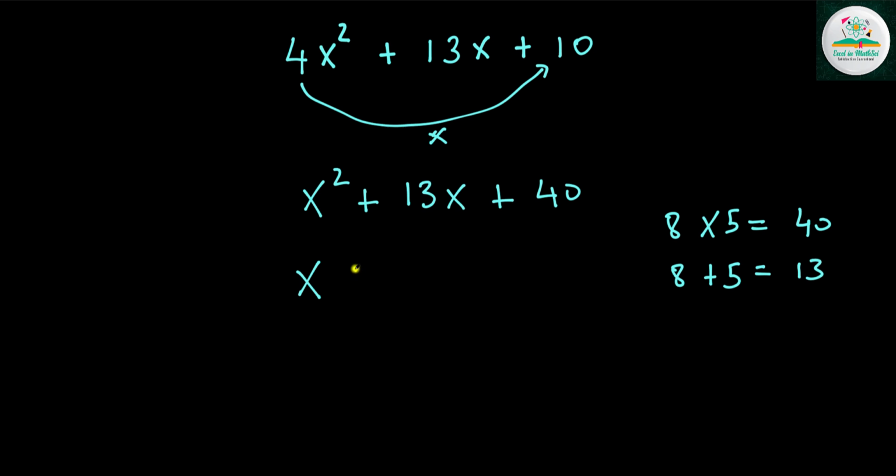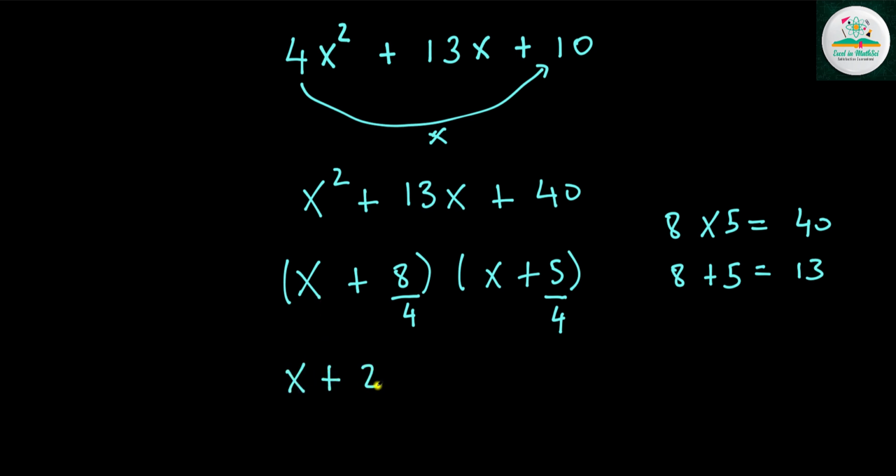So this would factorize as follows: x plus 8, x plus 5. And once again, we haven't finished yet, because remember we multiplied by 4, so we must divide by 4. If you do that, this expression simplifies down to x plus 2. And because we can't get a whole number here, we just move the 4 in front of the x.